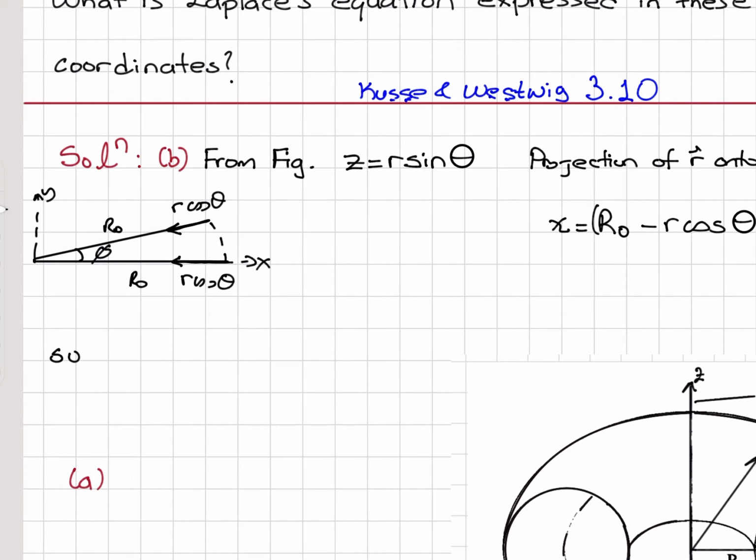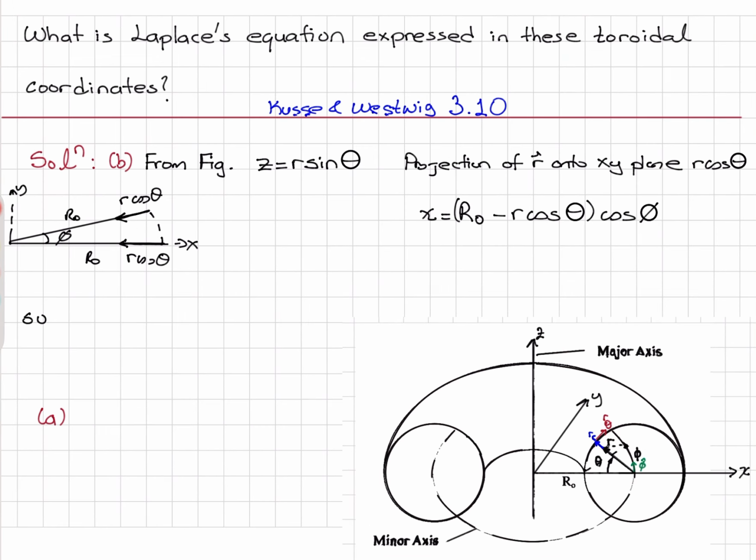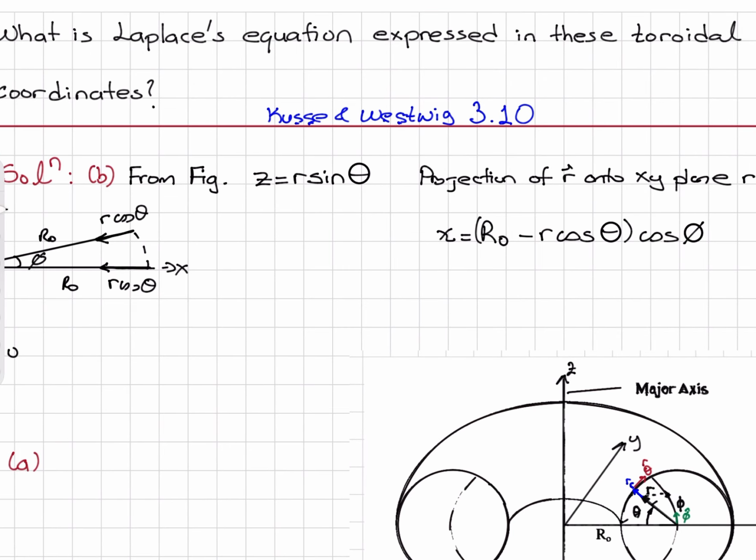And as for y component, I have to take this component here. So it's r0 minus r cosine theta sine phi. So I will have y is equal to r0 minus r cosine theta sine phi, the projection onto the y-axis.